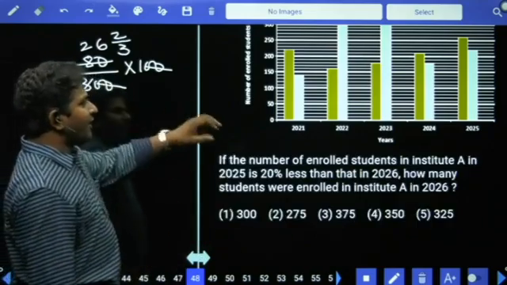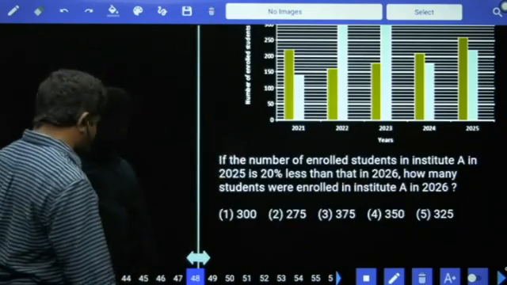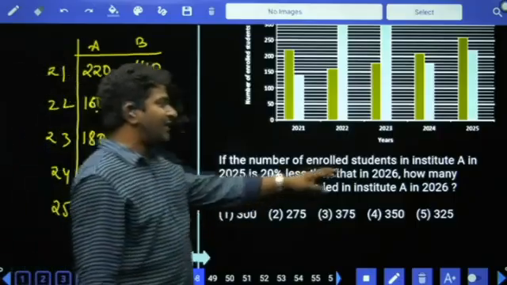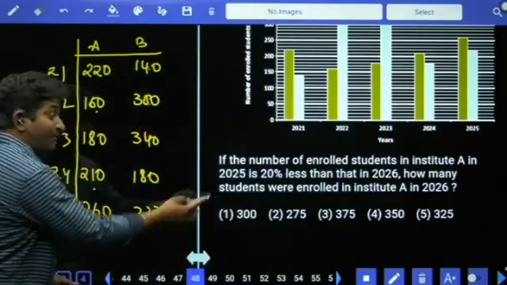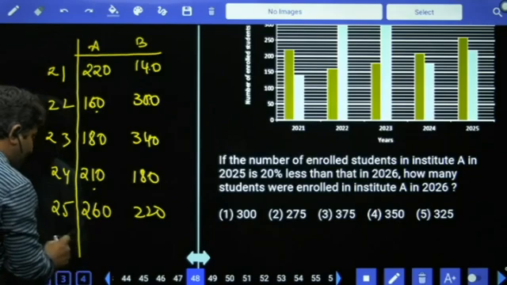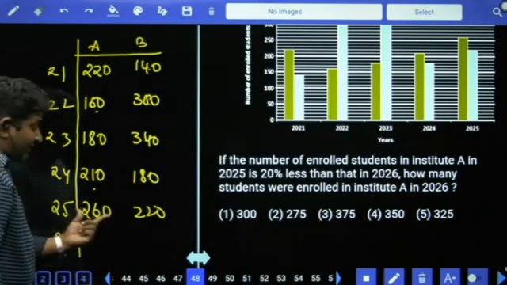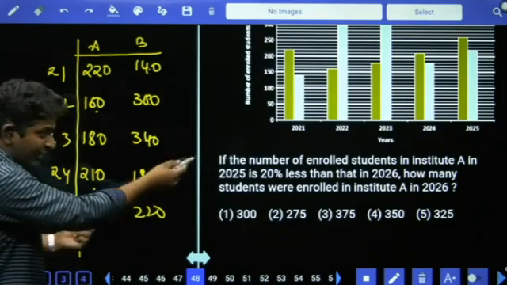If the number of enrolled students in Institute A in 2025 is 20% less than that in 2026. So 20% less means, in 2026, if it was 100%, this becomes 80% because they said 20% less.